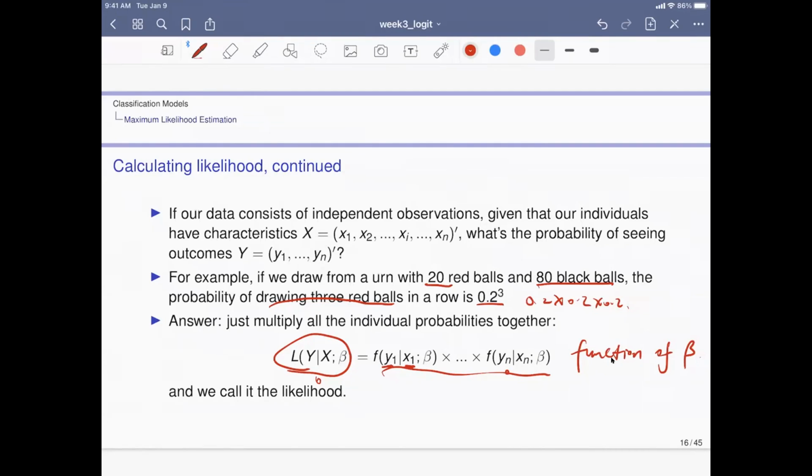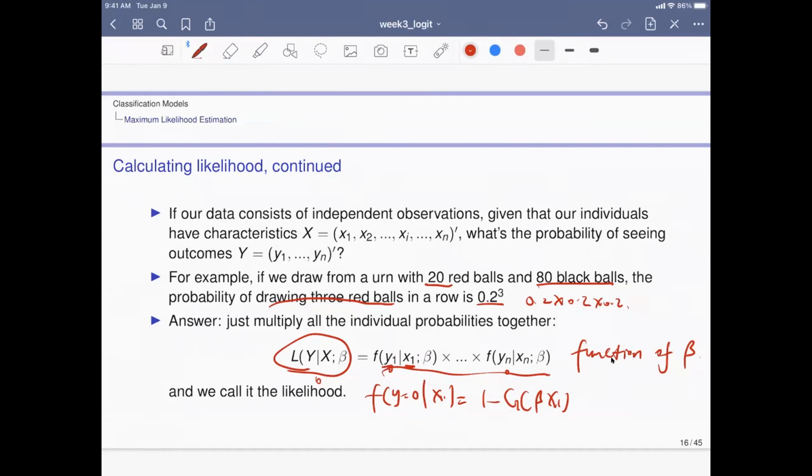But first of all, we need to know whether the y is 0 or 1, right? That's our prerequisite. Yes, we know that, because that's in the data. So take any data, you will know whether the first observation is 0 or 1. And if it's equal to 0, then f of y equals 0 conditional on x1 equals 1 minus g of beta x1.